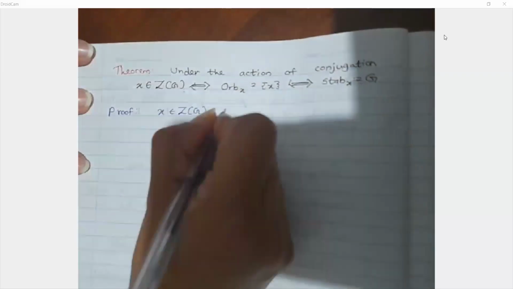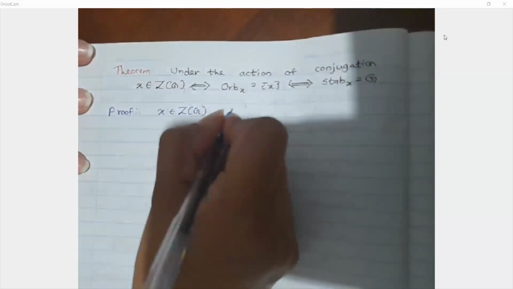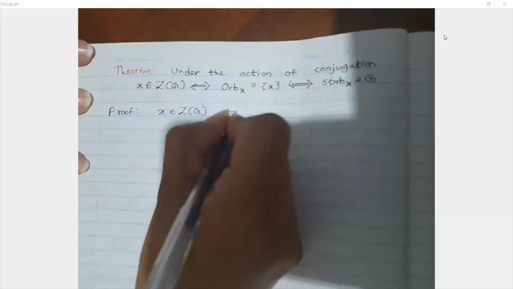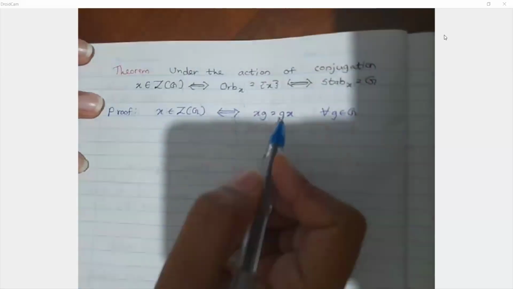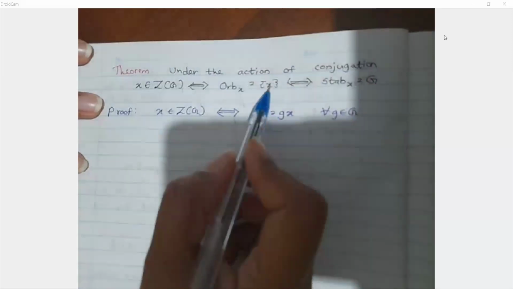Now observe that all these are if and only if statements. So take an element x in Z(G), the center of G. By definition of Z(G), this is if and only if xg is equal to gx for all g in G. And what we want to show is that there is only one element x in the respective orbit.